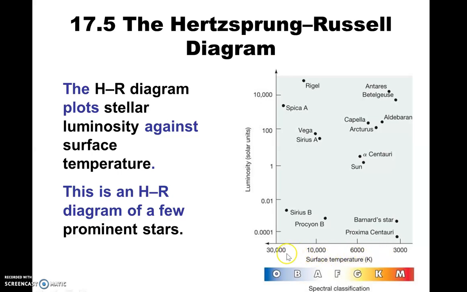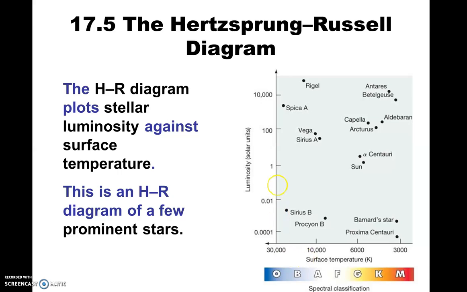So the hottest stars are the O stars, then the B stars. Sometimes you'll see the HR diagram where they just have the stellar classifications along the x-axis, just like this: O through M, and then there's, of course, L and T as well, in more complete versions of the HR diagram.